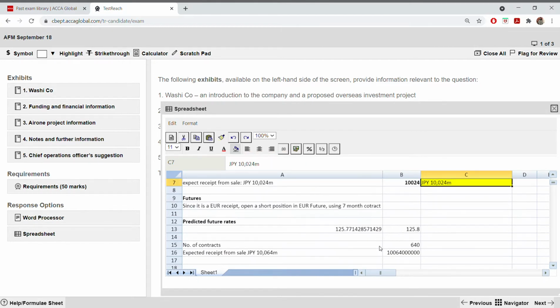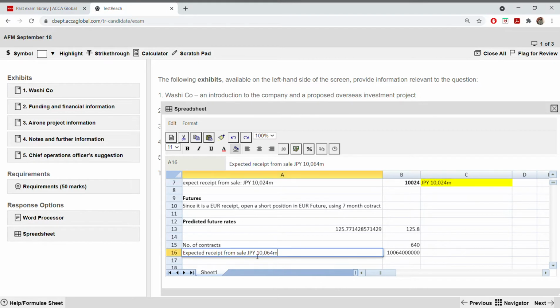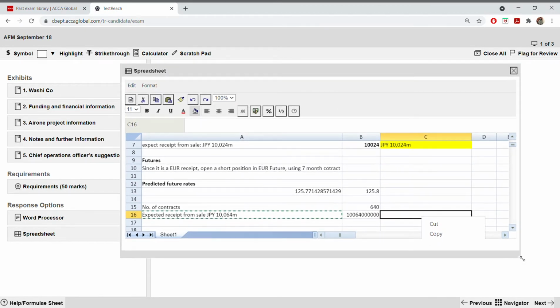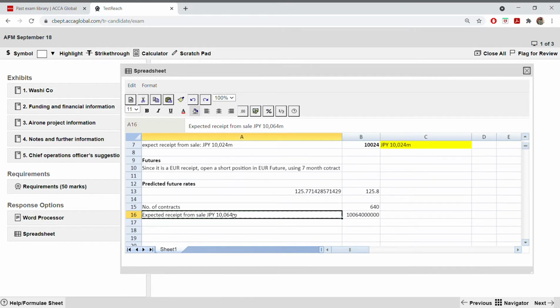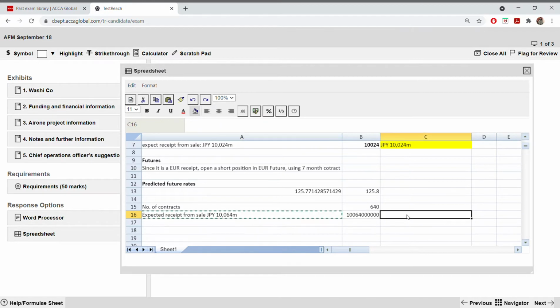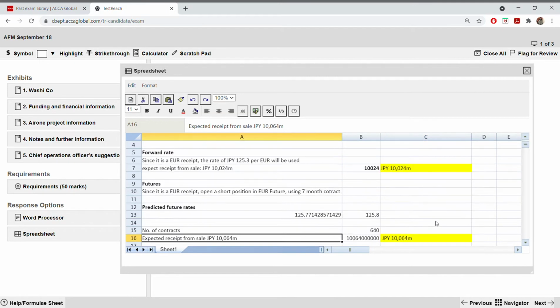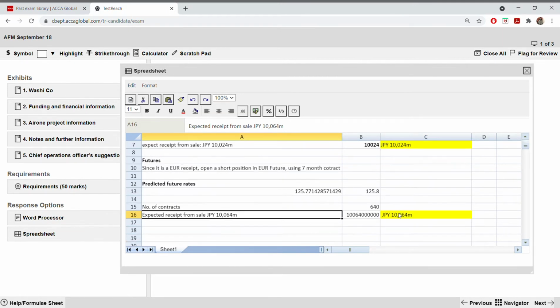The same way I will copy paste this here. Now it's much easier for me to know this is forward, this is future.